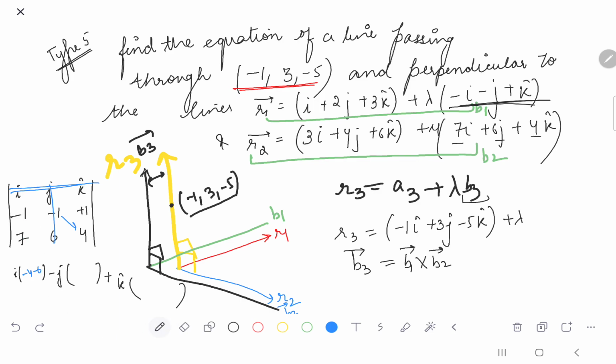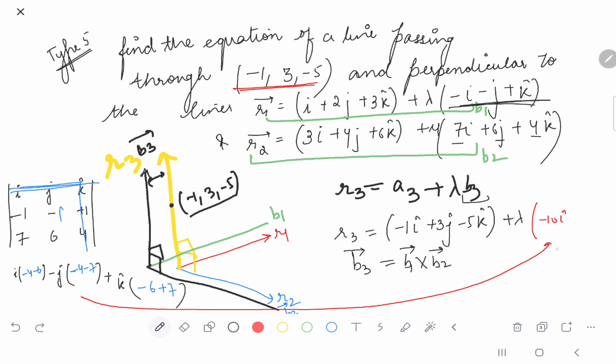So this cancels, right? So you get minus 4 minus 7. And this you cancel. So you get minus 6 plus 7. So your B3 vector shall come out to be minus 10 I cap, minus 11 j cap and plus k cap. Yes or no? Yes, ma'am. Any doubts in this? No, ma'am. Clear.